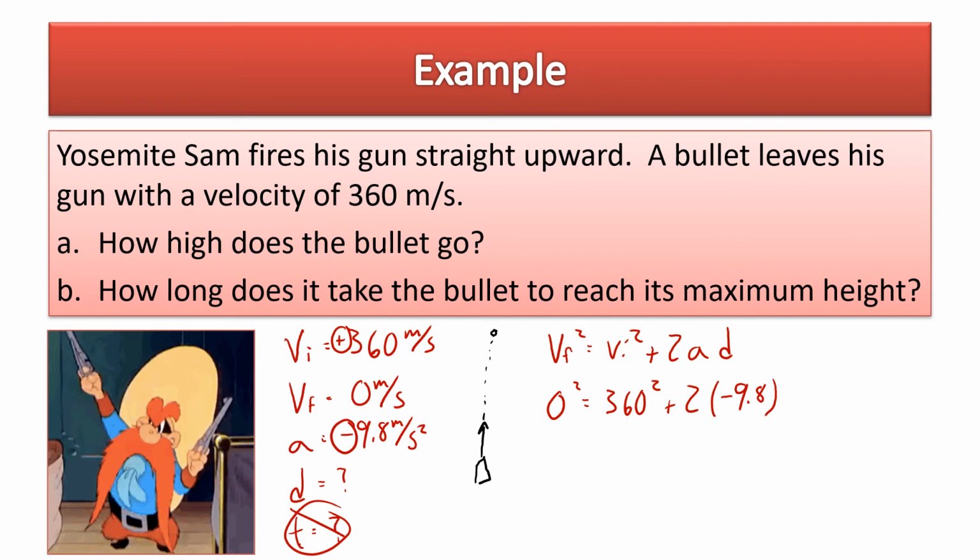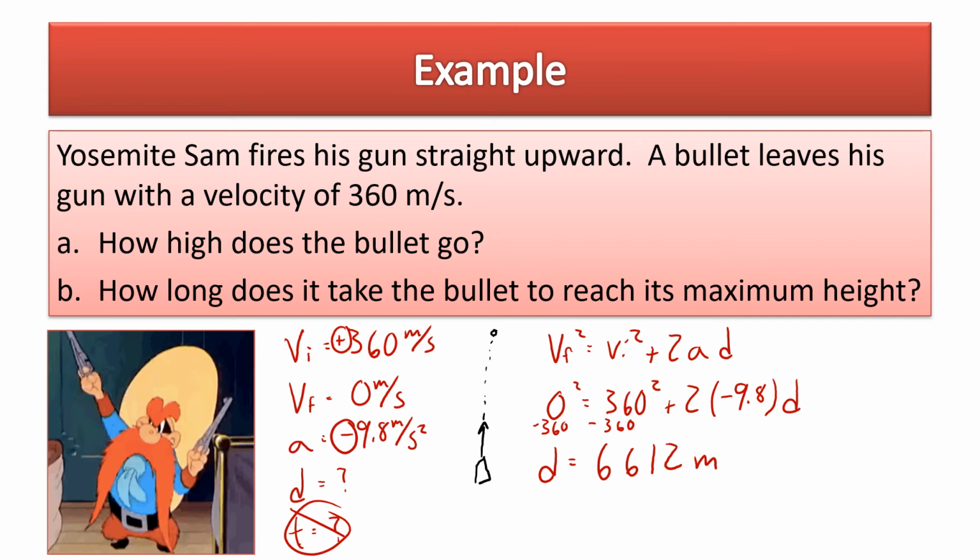And then you can multiply by the displacement, which we'll calculate right now: 360 squared divided by negative 19.6. And you get 6,612 meters. Remember, we had to subtract the 360 squared over to this side, so that became negative actually. So it was negative 360 squared divided by negative 19.6.